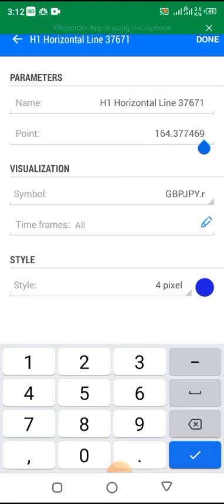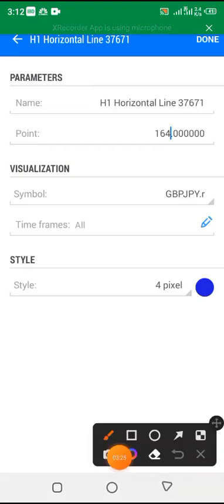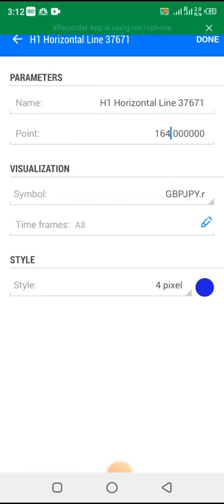So let's put this level at 164. You see it's a rounded off number, 164, a psychological level. So let's click done.